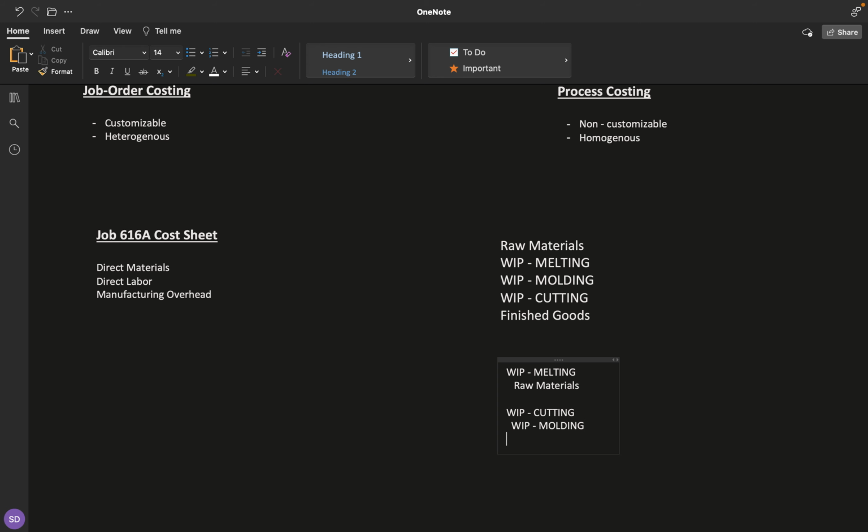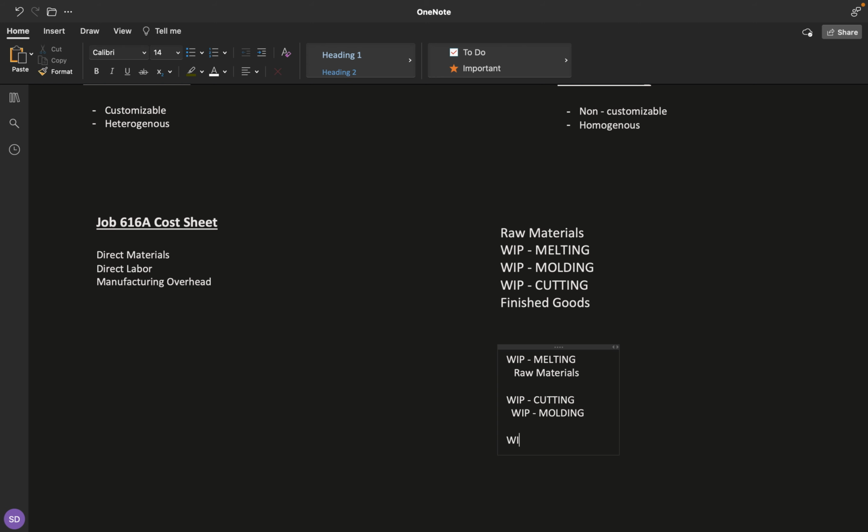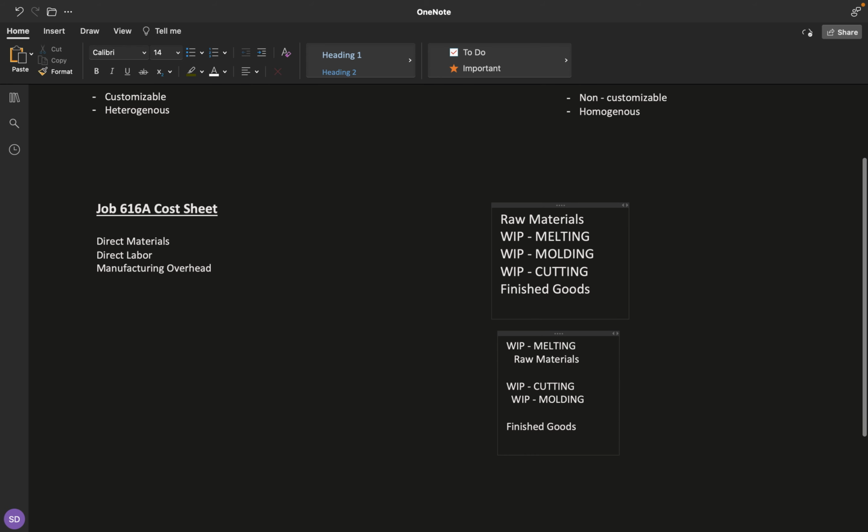And the same thing for work in process. If we're moving from work in process cutting to finished goods, we would debit our finished goods and then credit work in process cutting.